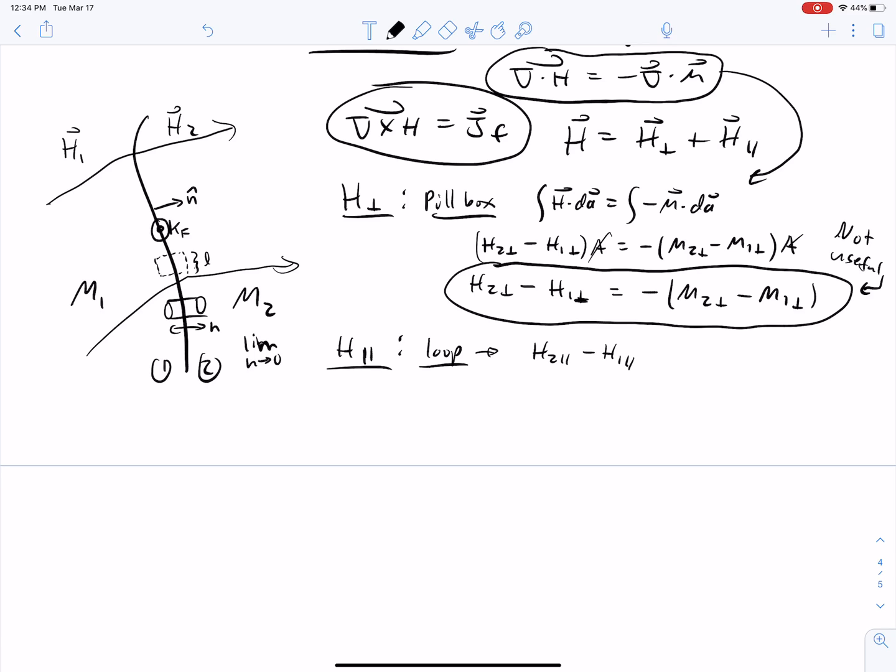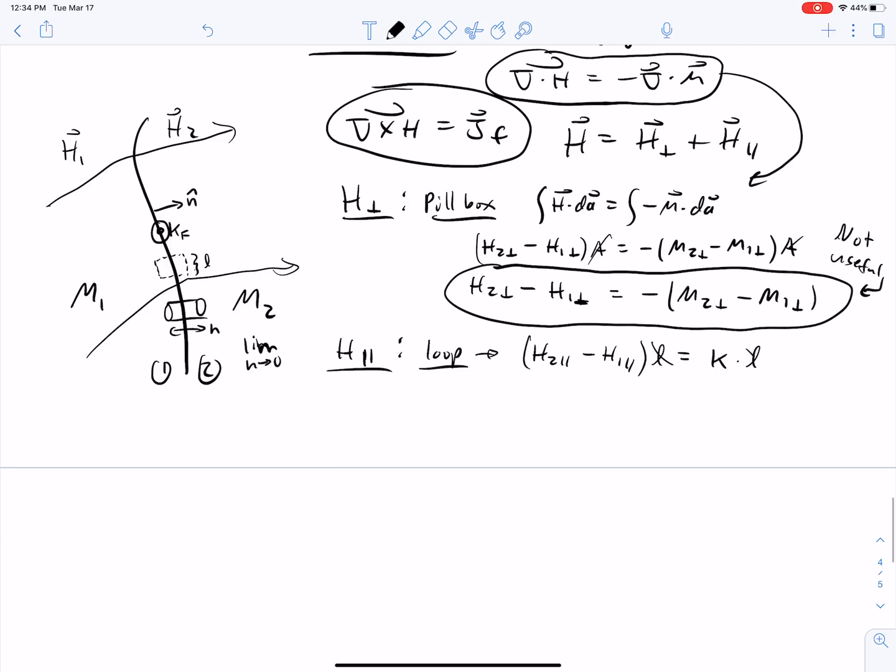The width of that loop is L, so you're going to get times L, and that's going to be equal to K times L, and then the L's cancel. And that's K free, because the current through there is the free current.